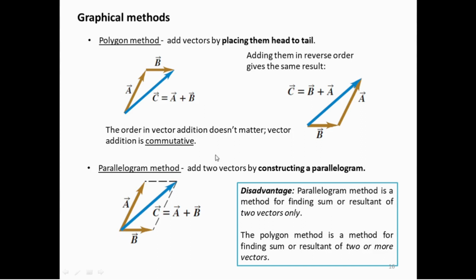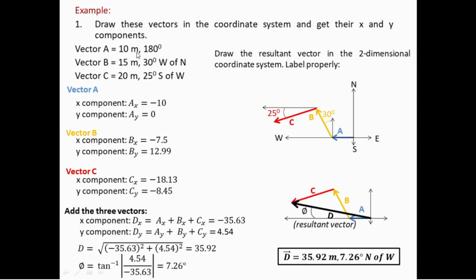Eventually, there are disadvantages and advantages in using both of these methods. First, the disadvantage is that the parallelogram method is a method for finding the sum or resultant of only two vectors, unlike the polygon method, which is also used in our previous example. So this is an example of the polygon method wherein you place the vectors from head to tail.